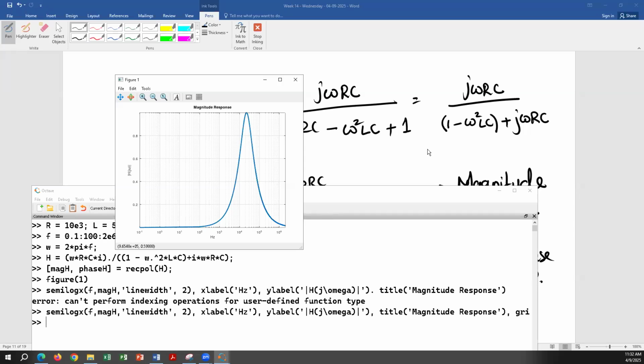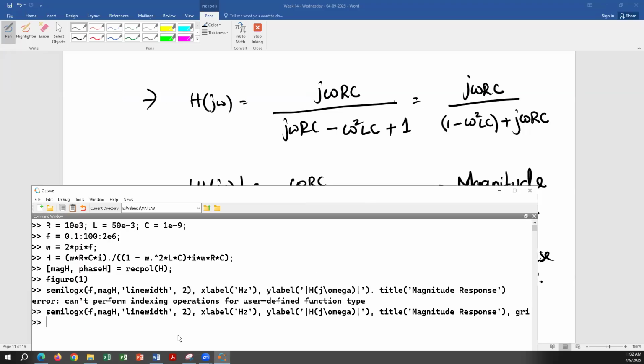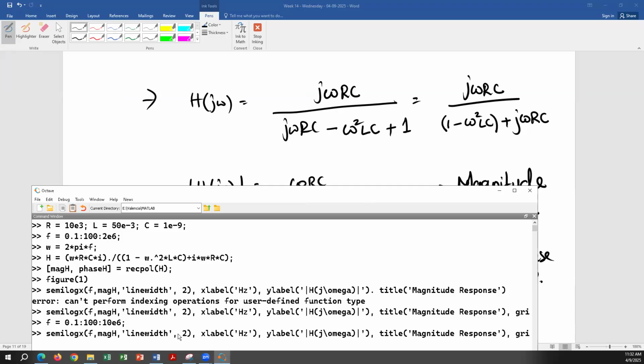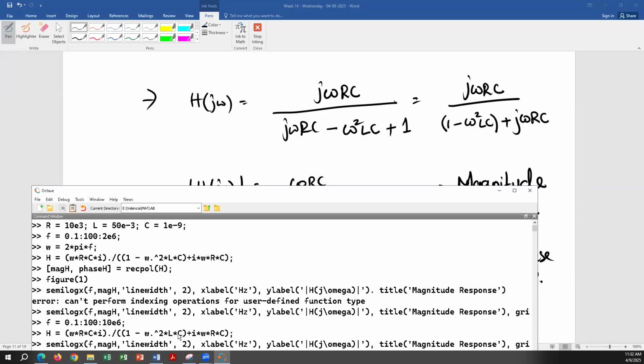Should plot for a little more length. But anyways, actually, let's do that. We are going from up to 2 exponent 6. Let's go ahead and do maybe 10 exponent 6. Magnitude.